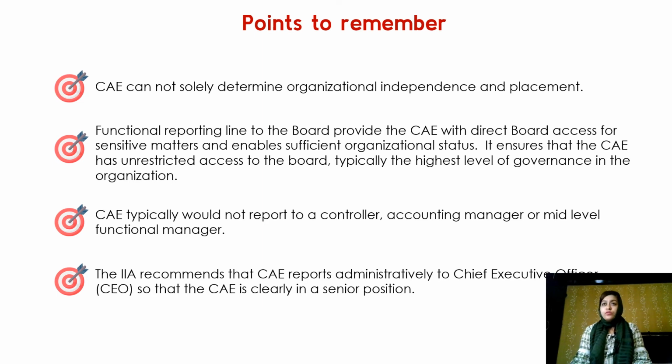If the CAE reports to the CFO, or for example the Chief Marketing Officer, then it will be a conflict of interest, because the Chief Audit Executive ultimately audits the finance or marketing functions. So if he or she reports to a CFO or CMO, then it will definitely be an impairment to organizational independence.